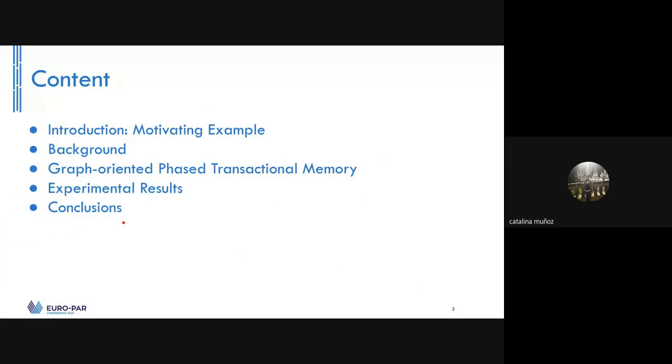First, I'm going to show you an introduction of the topics that we require to understand our approach. Then I'm going to show you a little motivation example, and I will tell you why we think this is an interesting line of research. Then I'm going to explain our approach, which we call graph-oriented phased transactional memory. And then I'm going to show you some of our experimental results, and then I will conclude the presentation.